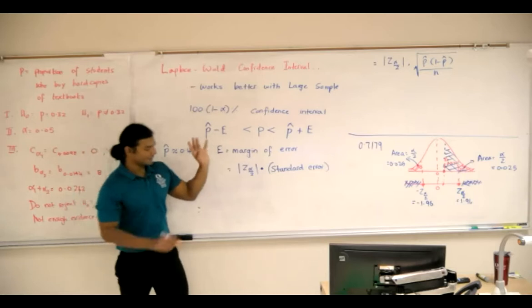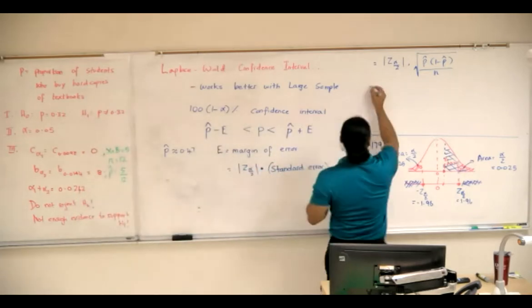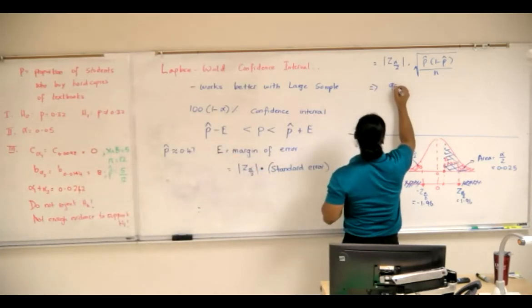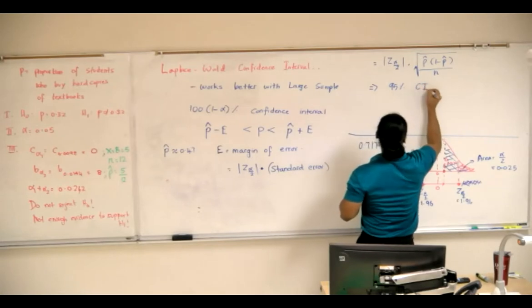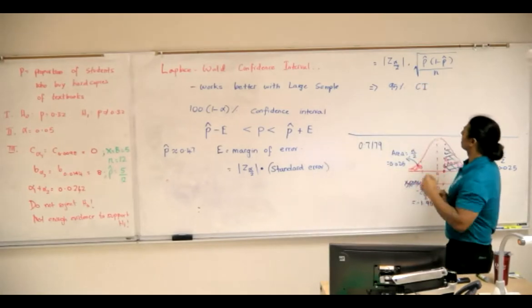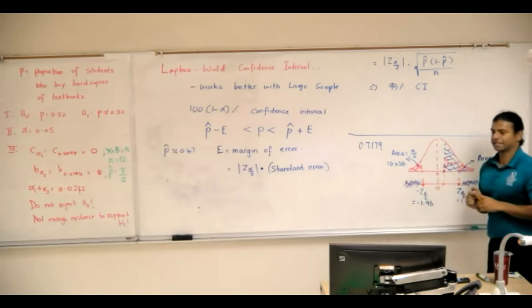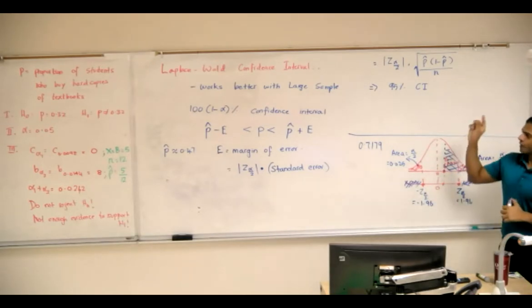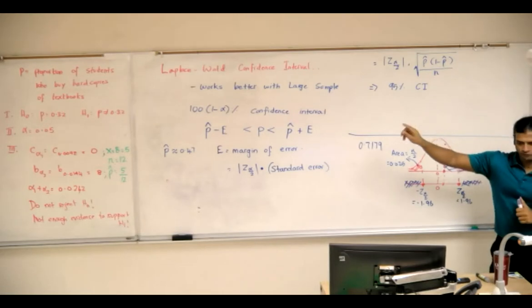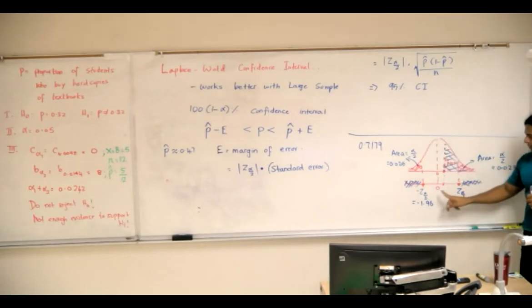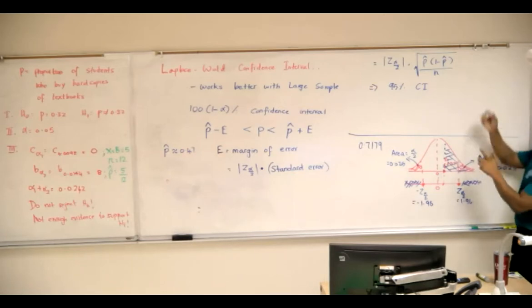So we are finding a 95% confidence interval. For alpha equals 0.05, I already know what the critical value is, correct? It is 1.96, but the absolute value.